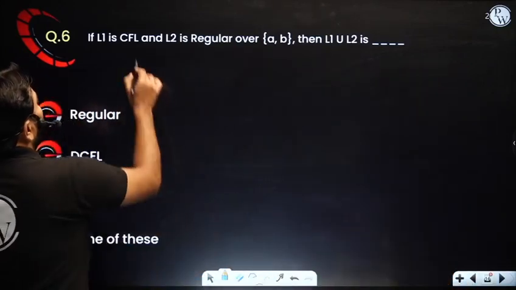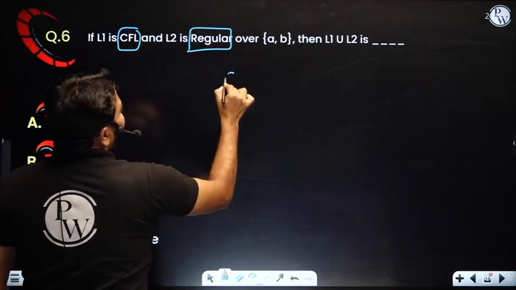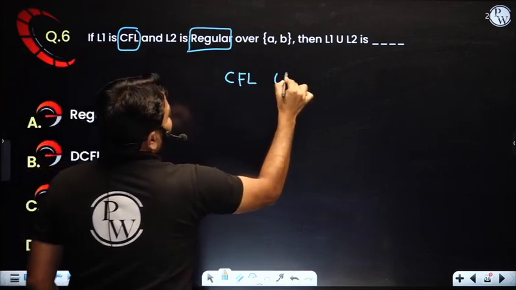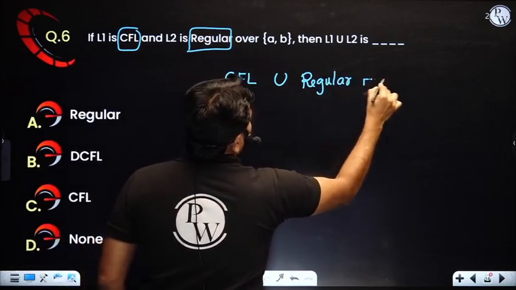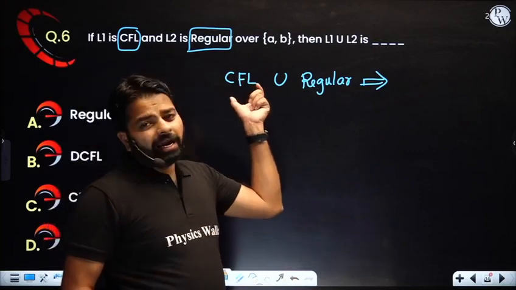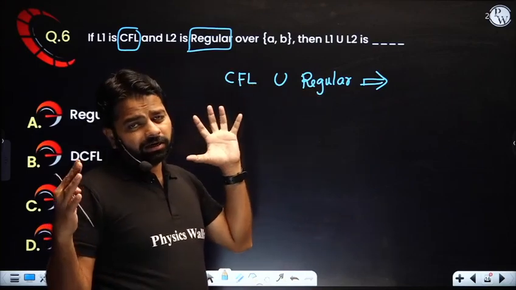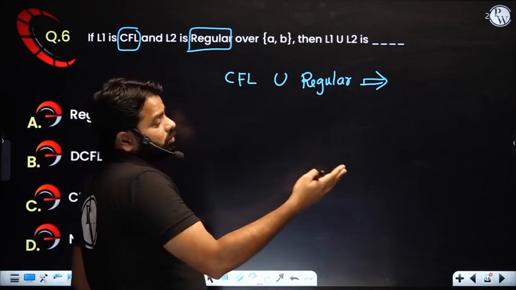Now you are talking about CFL and regular. This time CFL union regular. What is the result? Similarly, PDA and finite automaton product can be composed, or you can compound both the machines to get back a PDA.